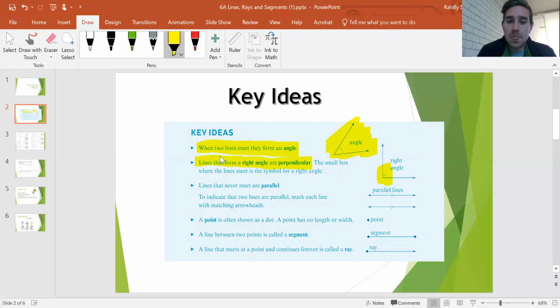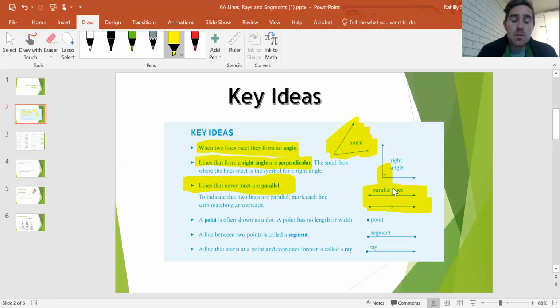Lines that never meet are parallel, okay? When you think of parallel lines, what I like to always think about is train tracks. Train tracks never meet, they always run exactly like this. So here's an example of what parallel lines are. Train tracks will never meet. They keep going straight. They're always the same distance apart and they never cross over.